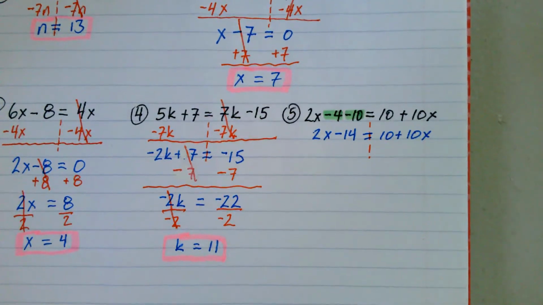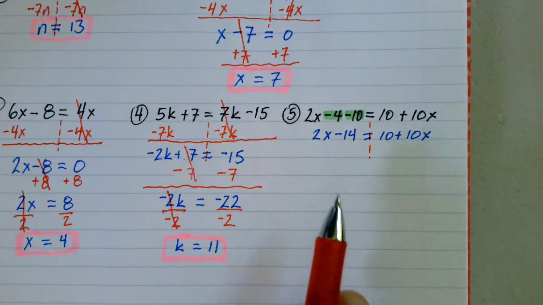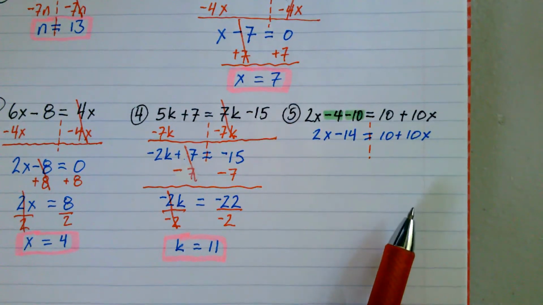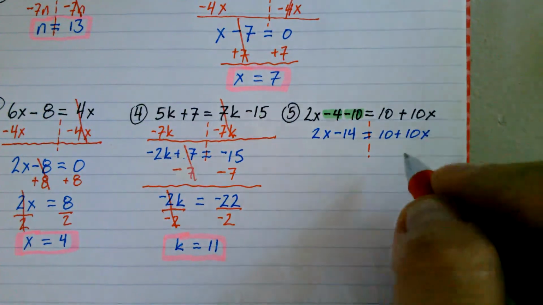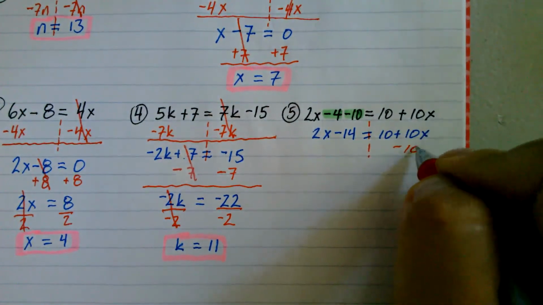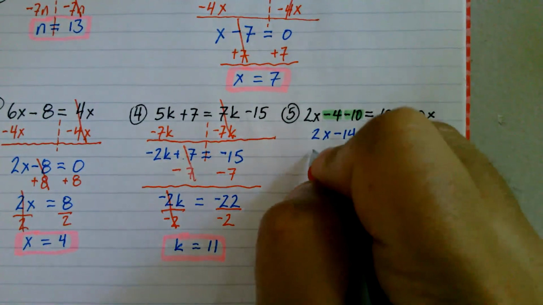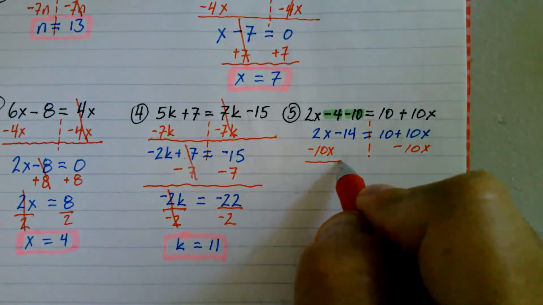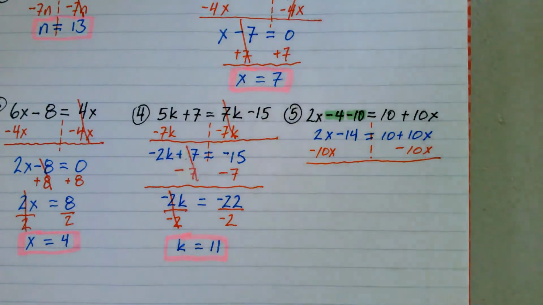Again, my preference, I like to get rid of variables on the right side, whatever it is. So I'm going to get rid of 10x. Let's put a negative 10x on both sides of the equation. Okay?